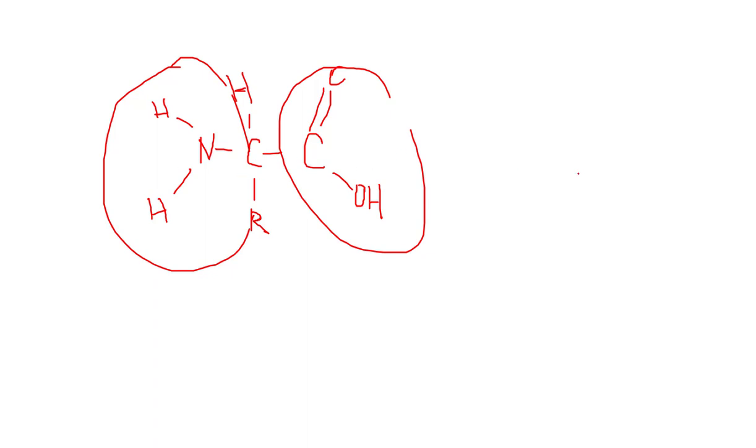So when you have a protein, you have a whole chain of these, but I'm just going to show you what happens on one as an example. If you put the protein into an environment that has a very high concentration of hydrogen ions, that means it has a very low pH.